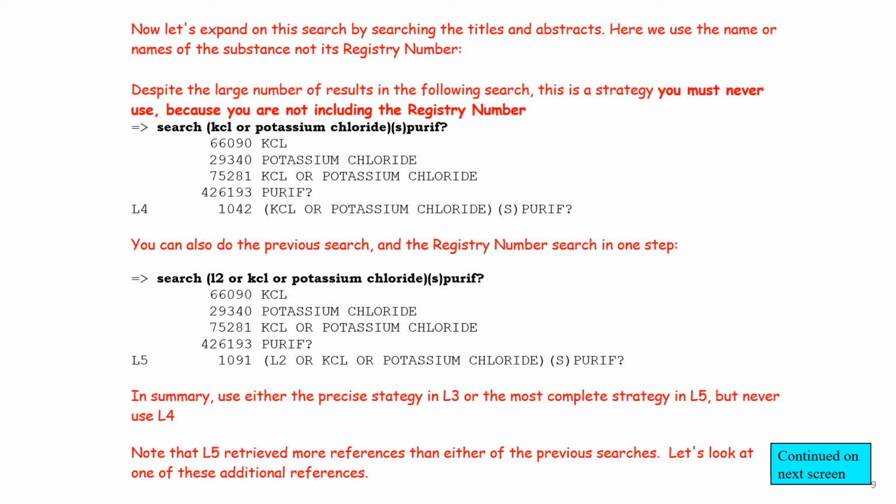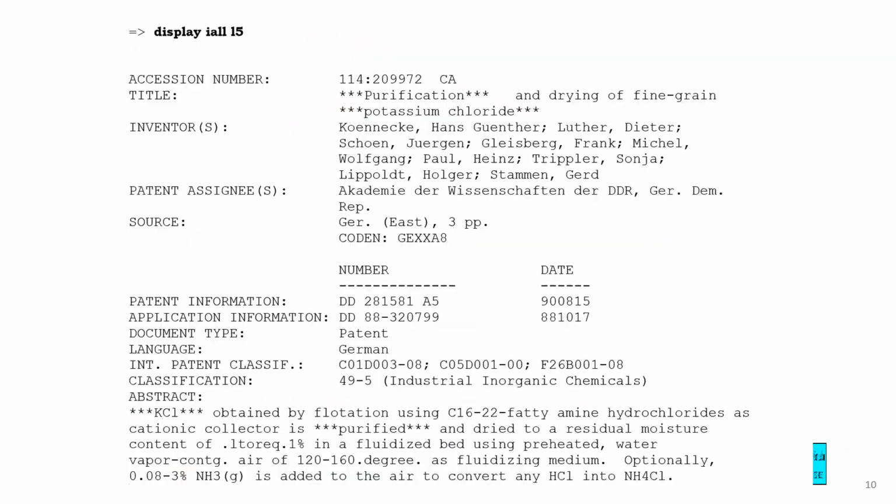What I'm showing you on the next screen is a reference I got in this search, this L5 search, this expanded search, that was not in the more specific search. Here was just one record that's quite relevant. I am by no means saying that all these additional over 800 references that you get in this expanded search are relevant, but here is one that is.